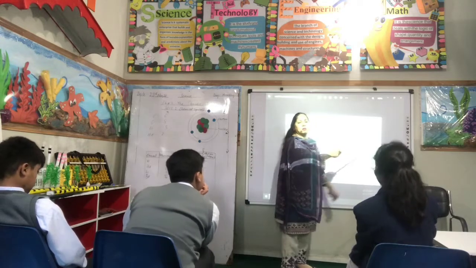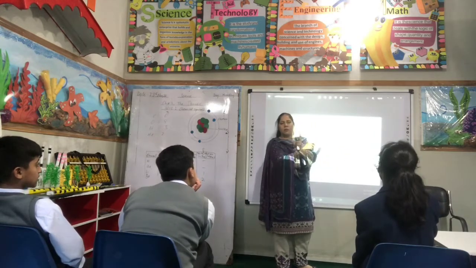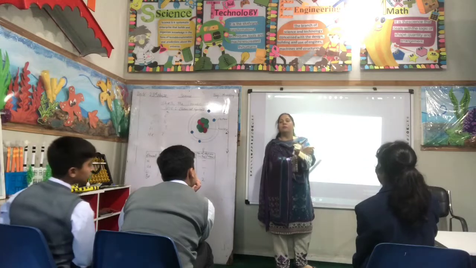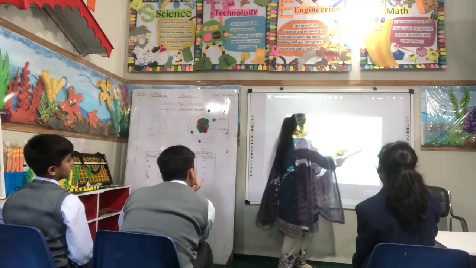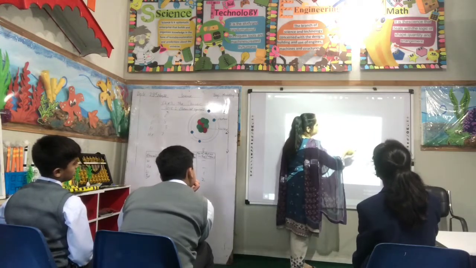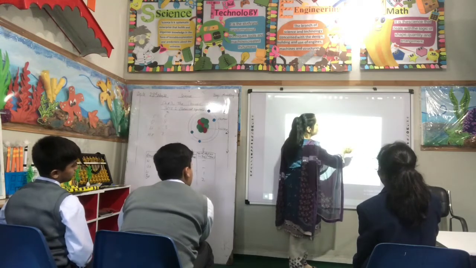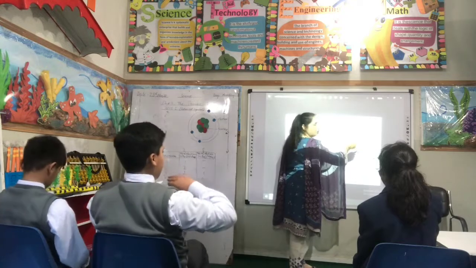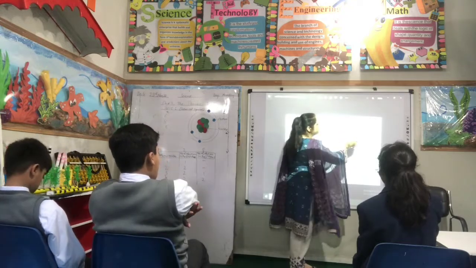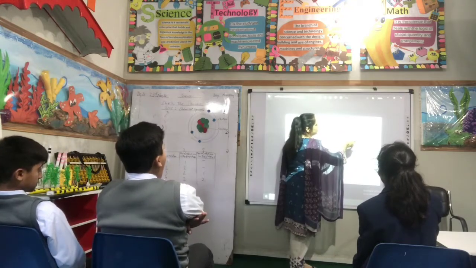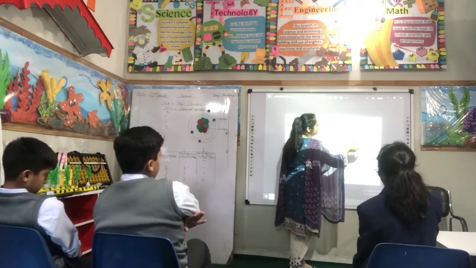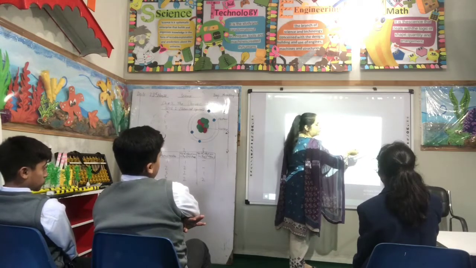Now we can have some difference in the number of protons and neutrons. In the case of nitrogen, the atomic number is 7. No, sorry, neutrons are also like that. The number of neutrons may be the same as protons: 7 protons and 7 neutrons, that's why its atomic mass is 14.